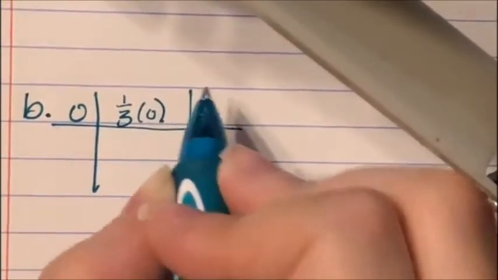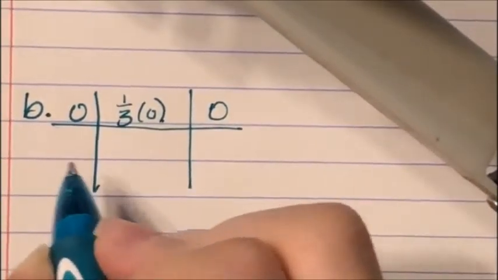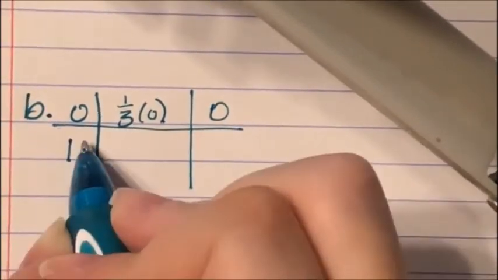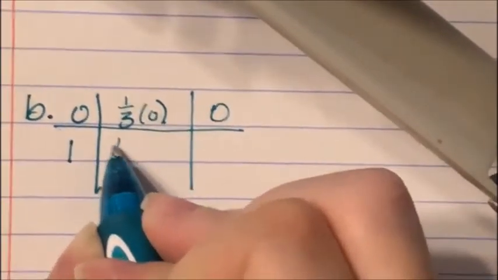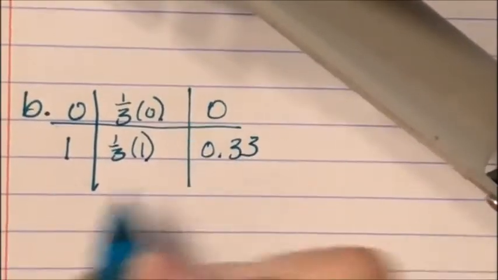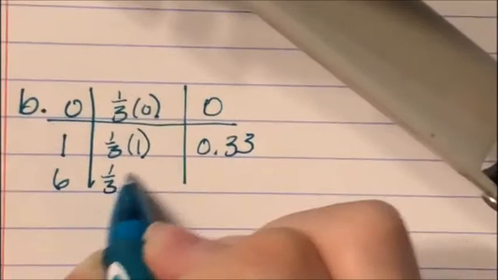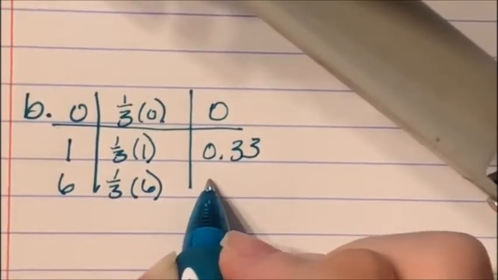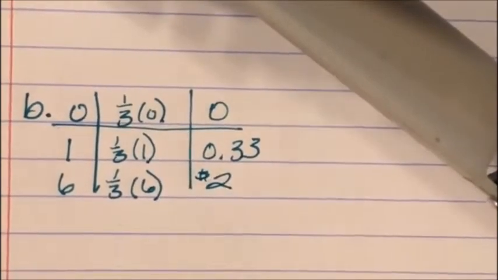If I buy 0 oranges, my cost is $0. If I buy 1 orange, that's 1/3 times 1, which is about 33 cents. If I buy 6 oranges, 6 divided by 3 gives me 2, so $2. So I know 1 orange costs roughly 33 cents.